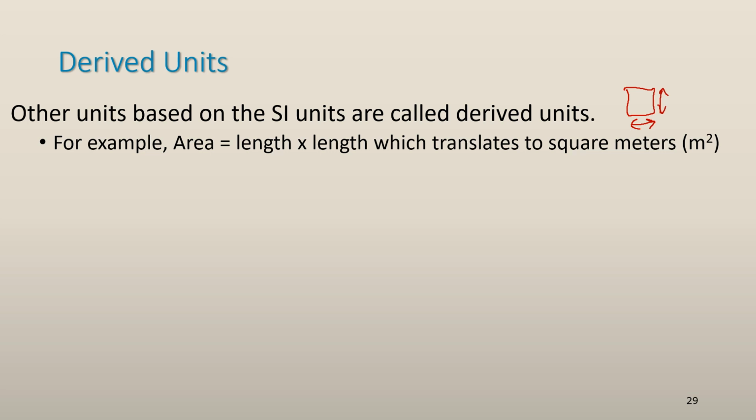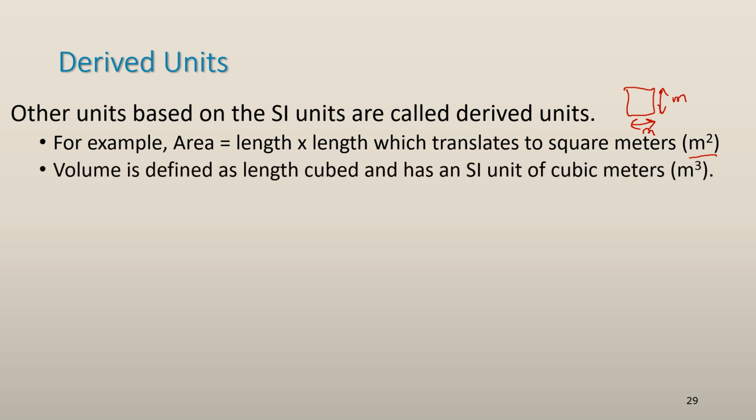So if this is measured in meters and this is measured in meters, meters times meters will give you the unit meters squared. So that's the standard unit for area, meters squared. We can also have things like centimeters squared, inches squared, feet squared, things like that. So it's just a squared unit.